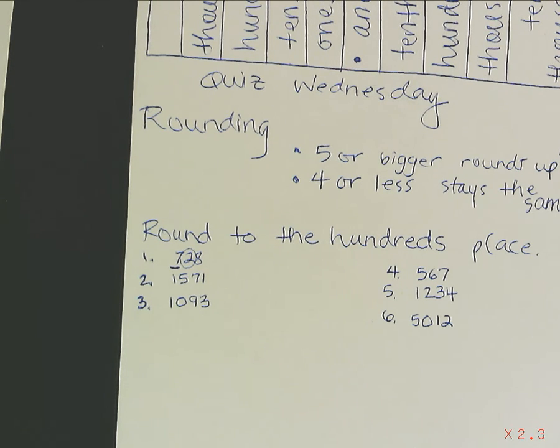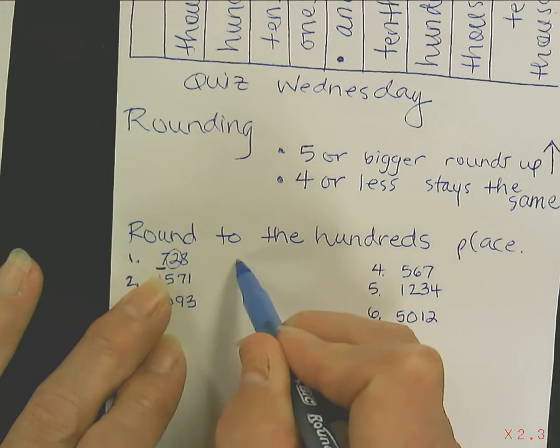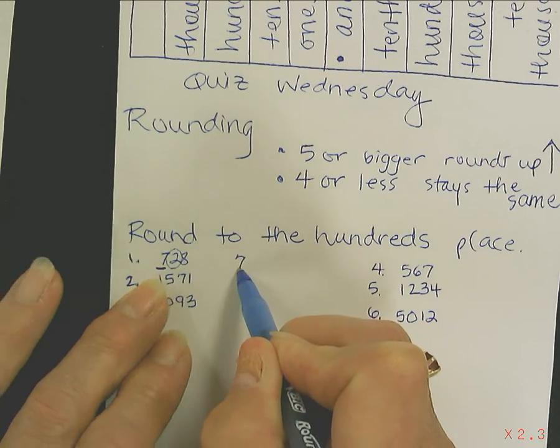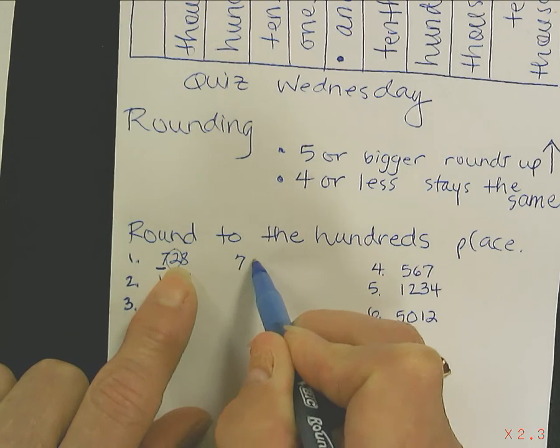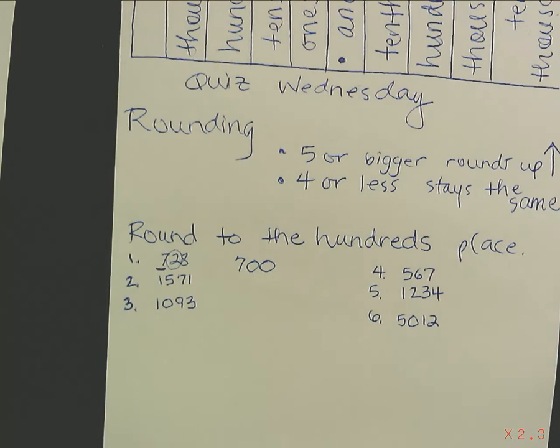Do we have a number 5 or bigger, or do we have a number 4 or less? Number 1 is 4 or less. So what does that rule say? It stays the same. So your 7 is going to stay the same, and everything else changes to a 0. So when we round off 728 to the hundreds place, it rounds off to 700.